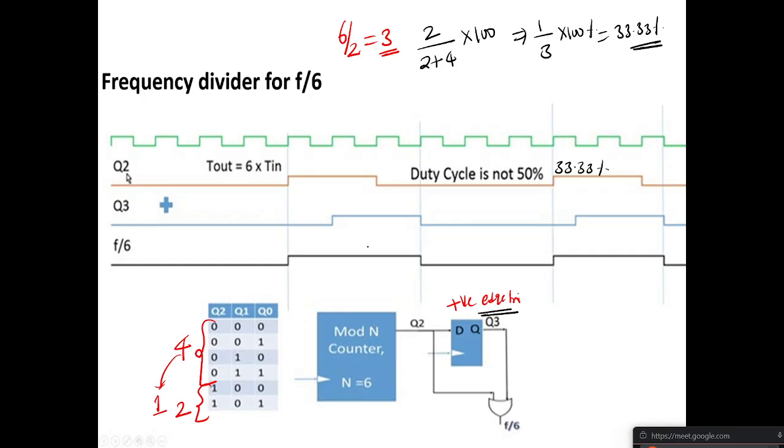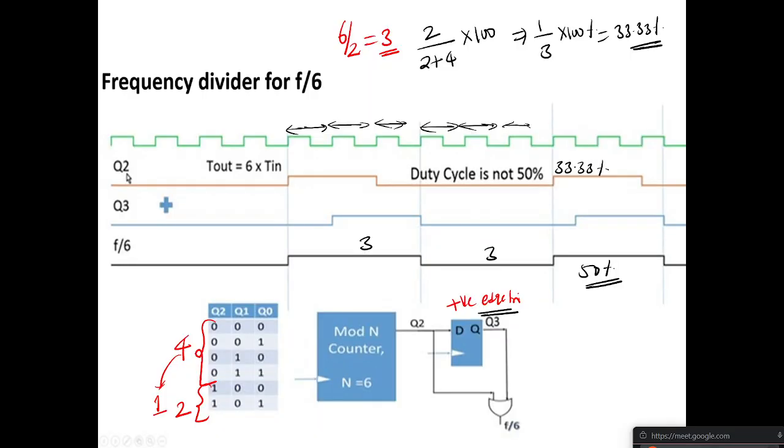You need to do an OR operation so that this will be on for 3 clock cycles and off for 3 clock cycles. The duty cycle you are getting is 50%. Did you understand? Understood, sir. So this is about the frequency divider circuit.